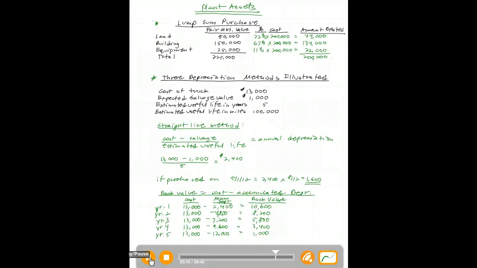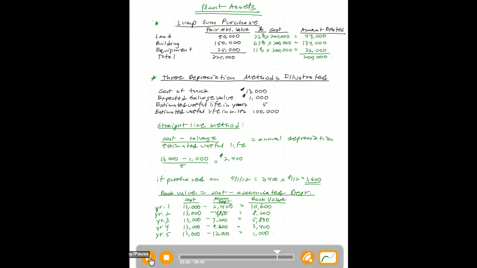The formula is identical to the units of production or units of activity method, except we call it depletion. So it's total cost minus salvage divided by the estimated units, and that's going to give you the depletion cost per unit. And then we're going to multiply that by the actual number of units that we take out of the ground.